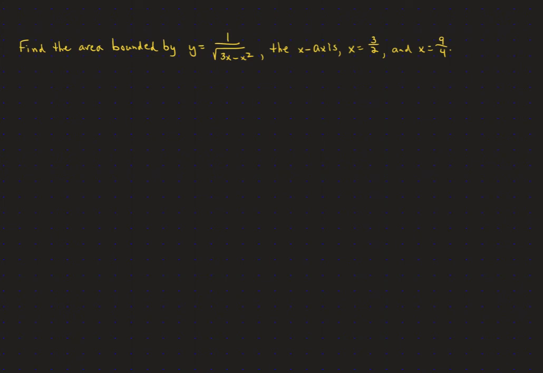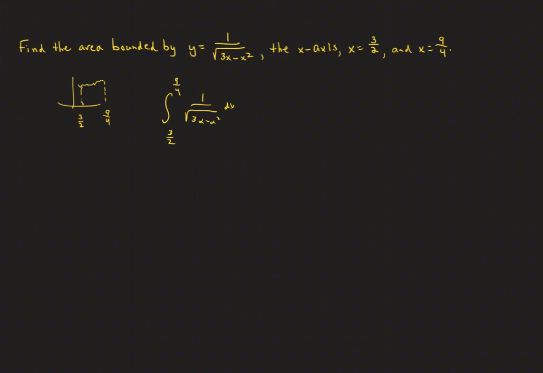I don't really know what that graph looks like, but the radical is positive, so it's going to be something above the x-axis, and we're going to try to find the area under the curve from 3 halves to 9/4. So that's going to be an integral. We're going to integrate this 1 over the square root of 3x minus x squared dx from 3 halves to 9/4. Oh boy.